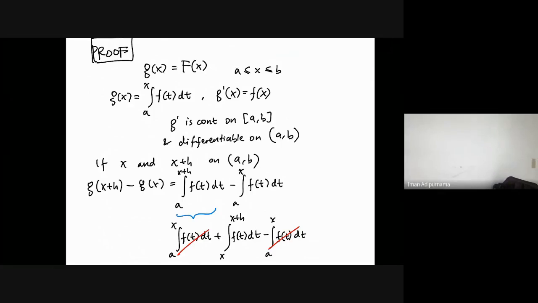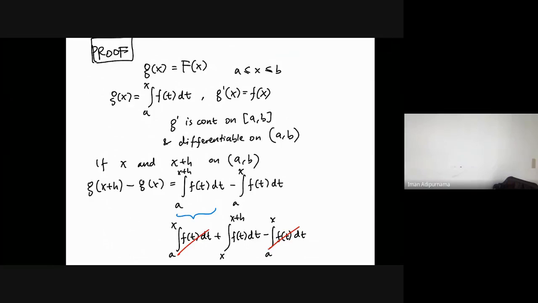This part we can separate, becoming a to x and x to x plus h. Then we can remove these two. So from here, g(x plus h) minus g(x) is equal to the integration from x to x plus h of f(t) dt. This is how we prove that if we differentiate g(x), it will be f(x).